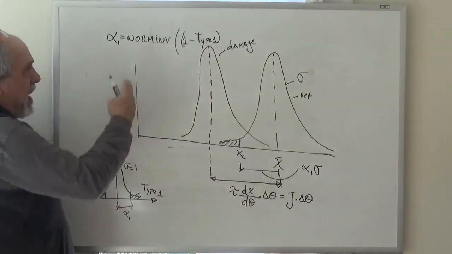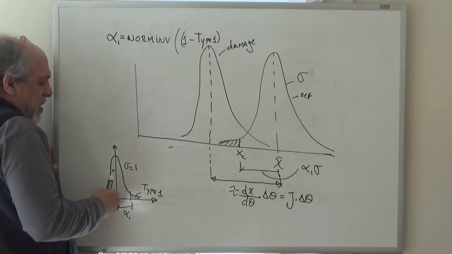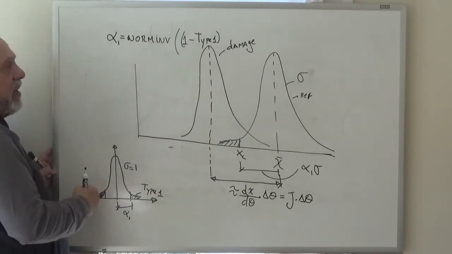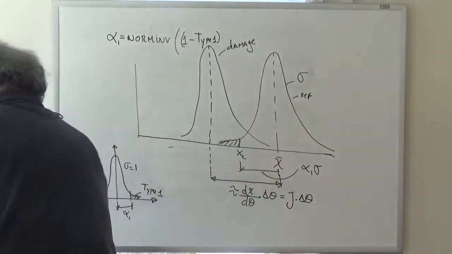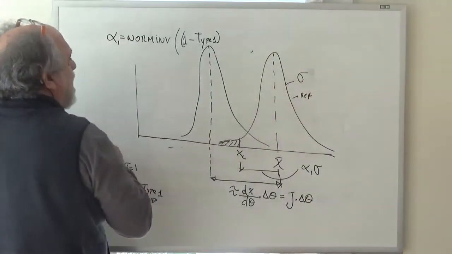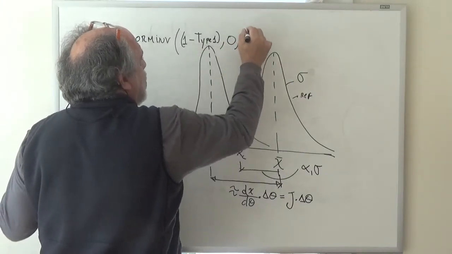So basically I'm asking MATLAB to tell me how far in standard deviations do I need to go so that 95% is on the left in a distribution for which the mean is 0 and the standard deviation is 1.